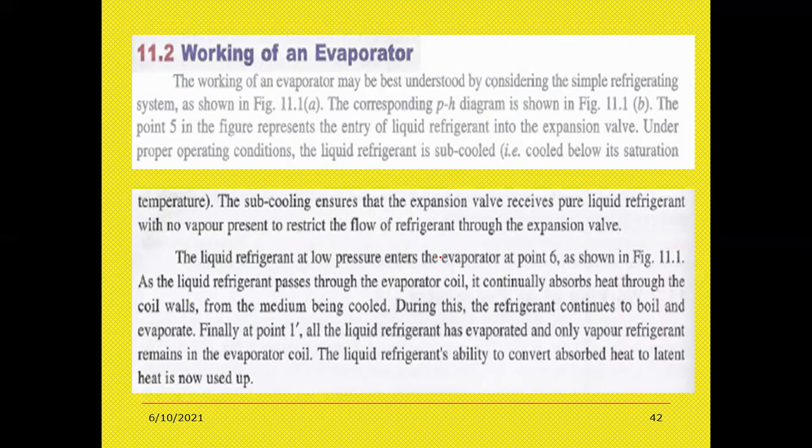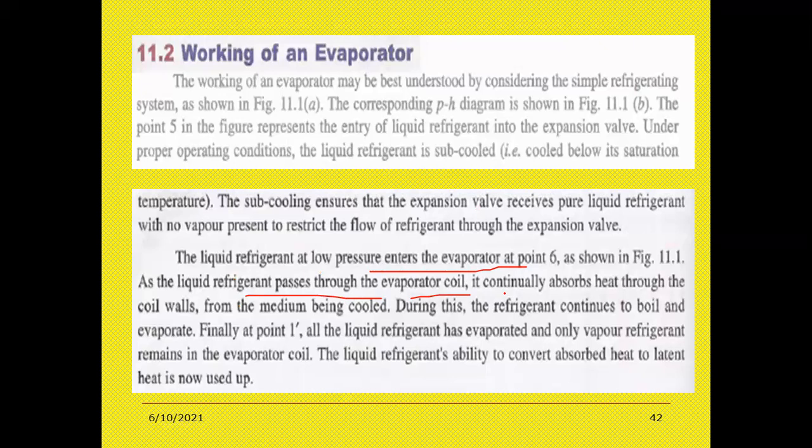The liquid refrigerant at low pressure enters the evaporator at point 6. As the liquid refrigerant passes through the evaporator coil, it continuously absorbs heat through the coil walls from the medium being cooled.